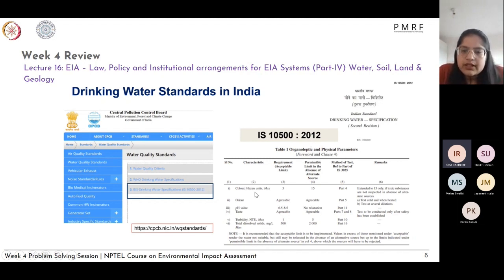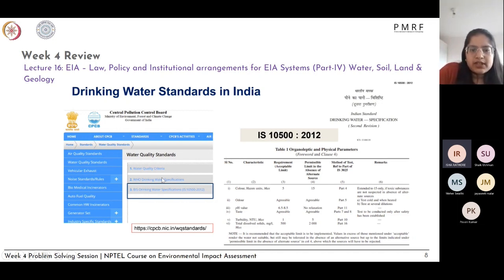In the characteristics for drinking water, it talks about the color, odor, the pH value on the scale, the taste, turbidity, how much cloudiness is in the liquid, and the total dissolved solids. So these are certain things on which the drinking water is assessed.